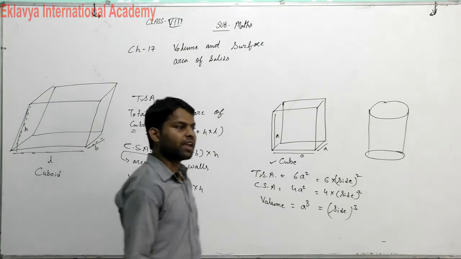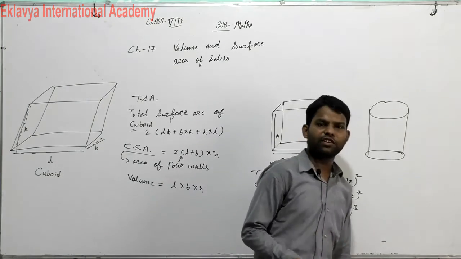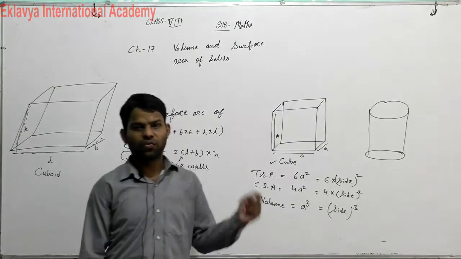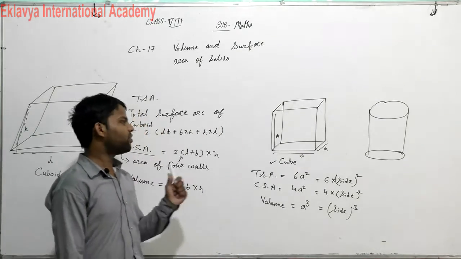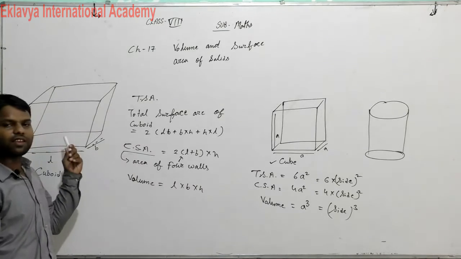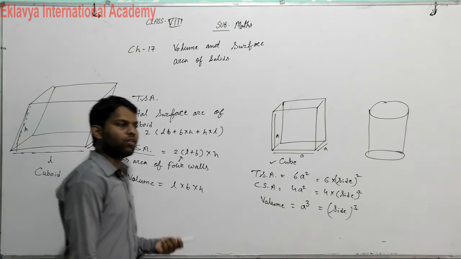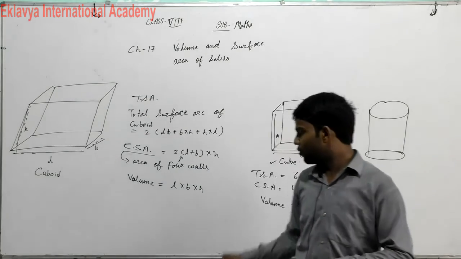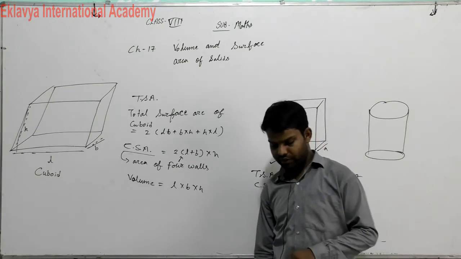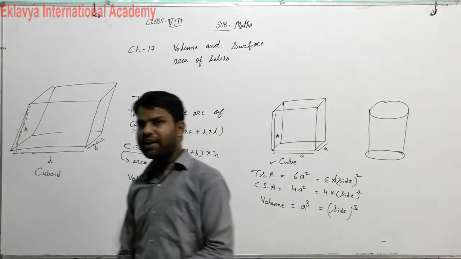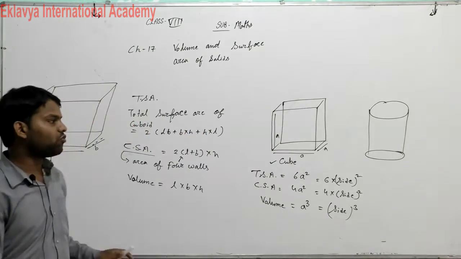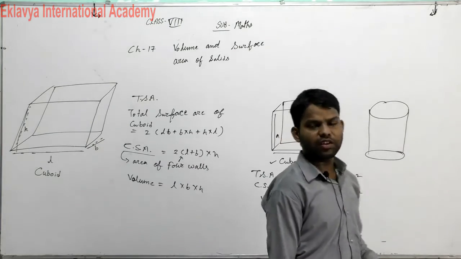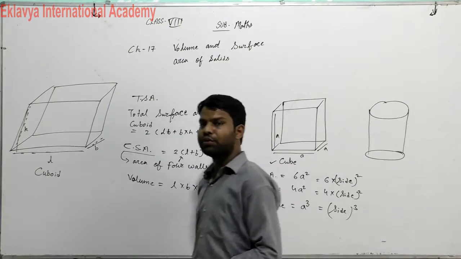According to the question, if we want to find the capacity of the shape, or we want to fill the shape, like if we have a tank in the shape of a cuboid and want to fill it with water, then we find the volume of the cuboid. If we make a shape, like a cuboid from paper, then we require the area.